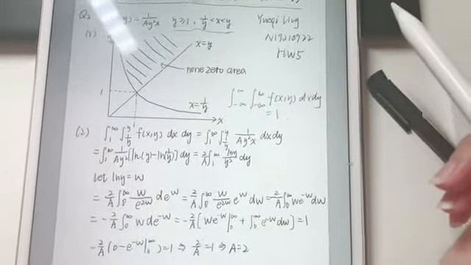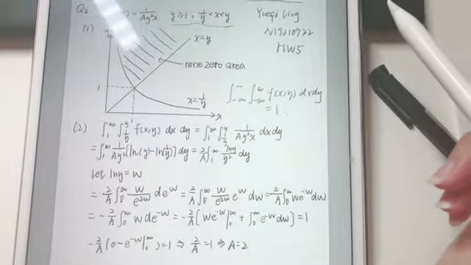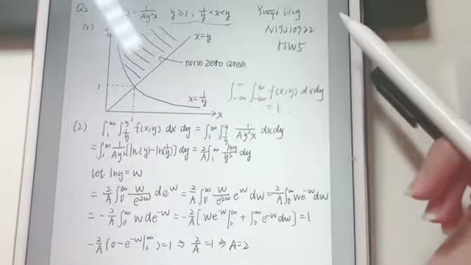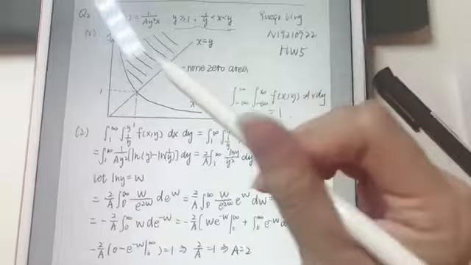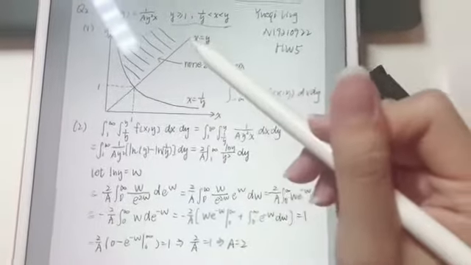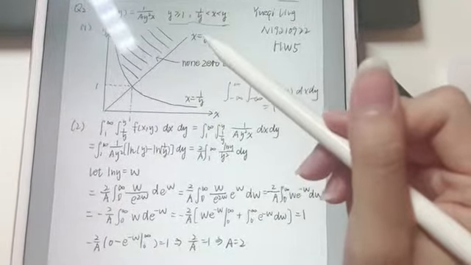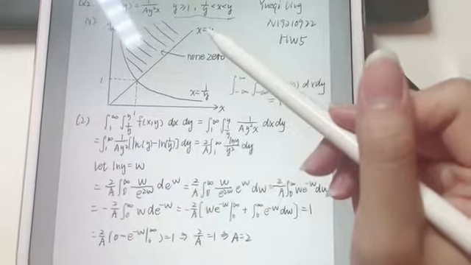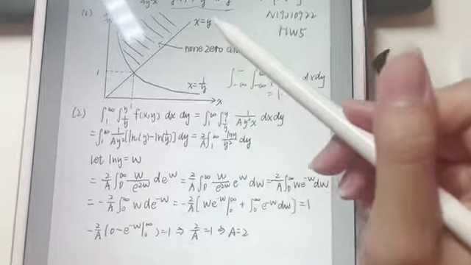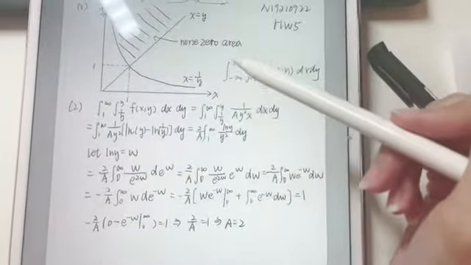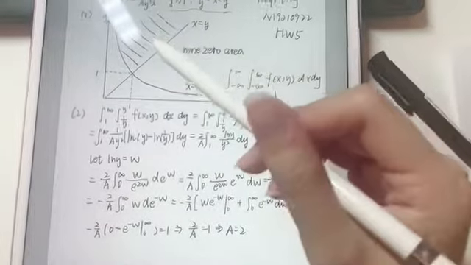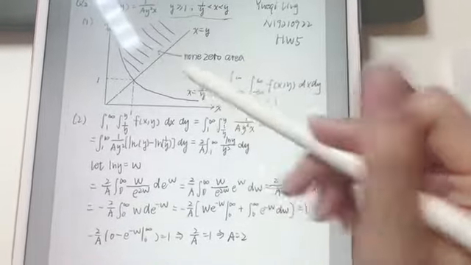The non-zero definition region of f(x,y) we have worked out in question 1 is this area. So when f(x,y) is a valid joint density function, the integral in this area will equal 1.